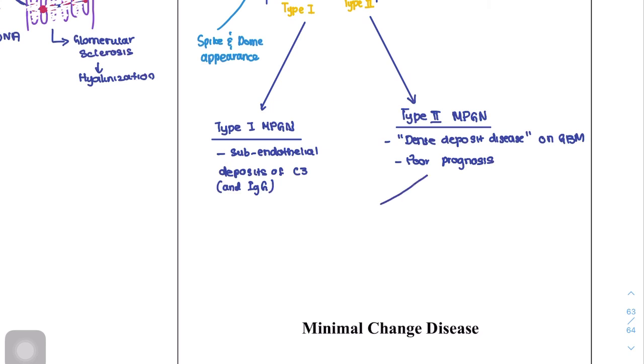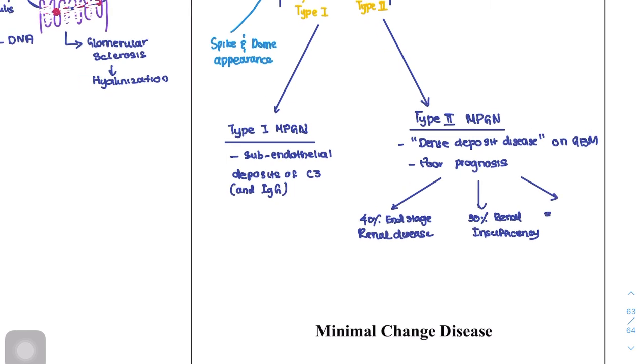What does that mean? 40% will have end-stage renal disease. 30% will have renal insufficiency. And the remaining 30% will have persistent nephrotic syndrome with no renal failure.